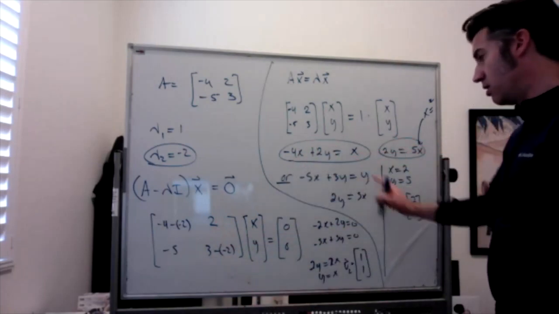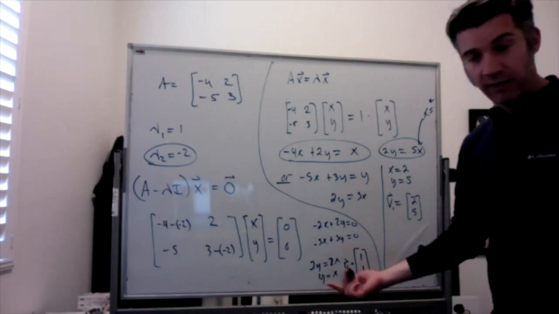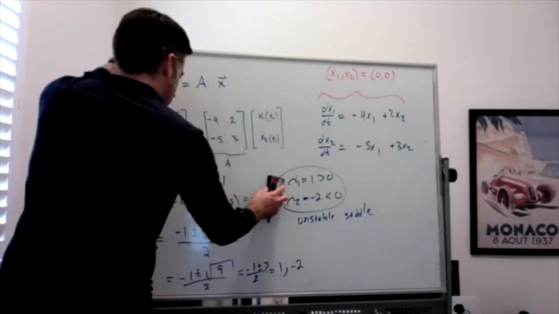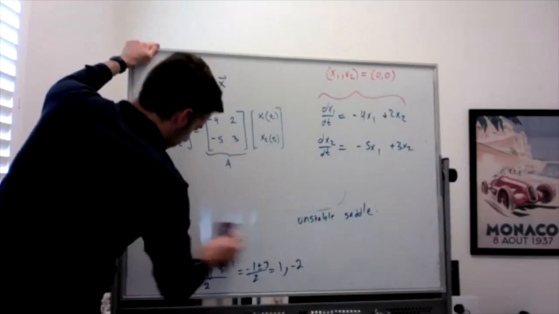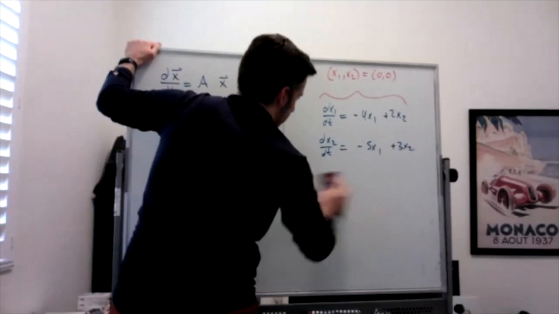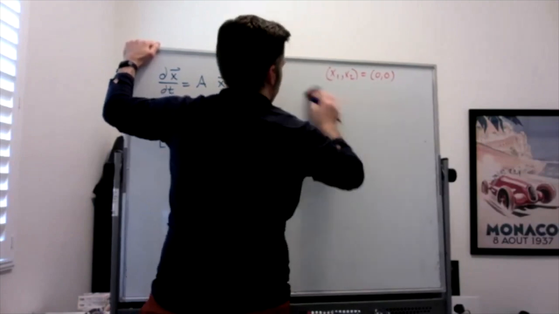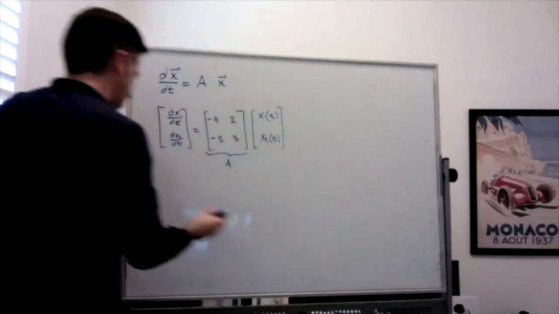Okay, so now we have our eigenvectors and our eigenvalues. So here's what our general solution looks like.